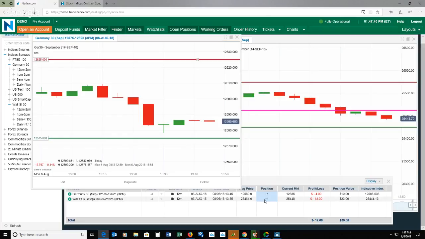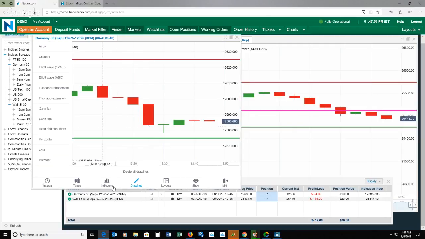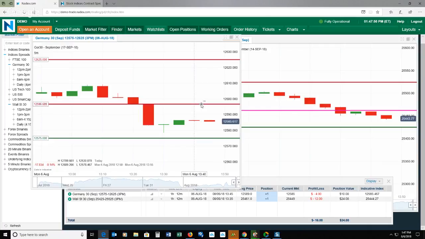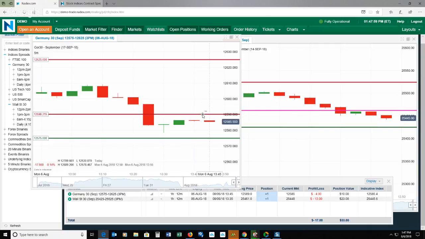Okay, and the entry price on that one was 12,589. Would be 589 about here.